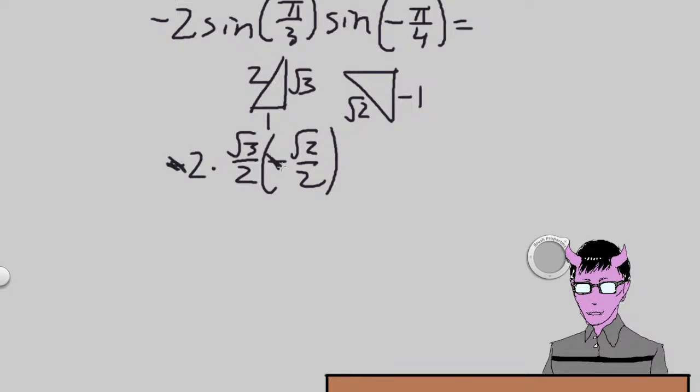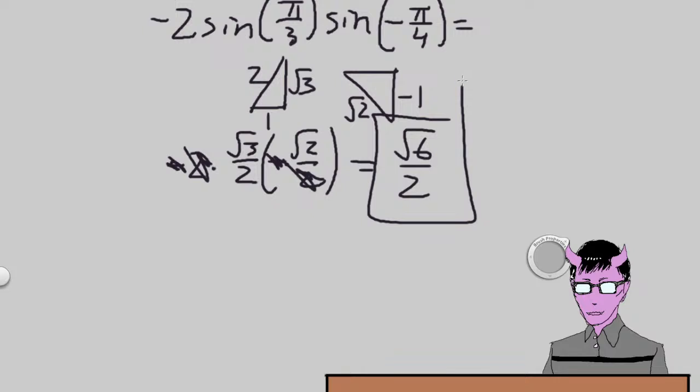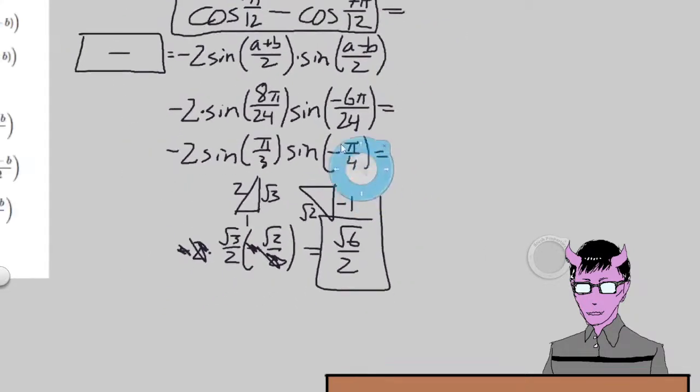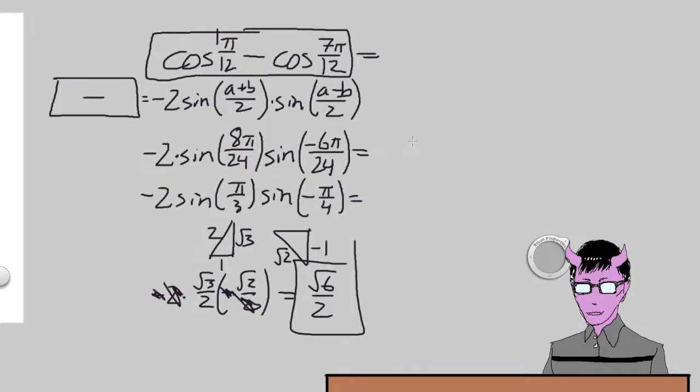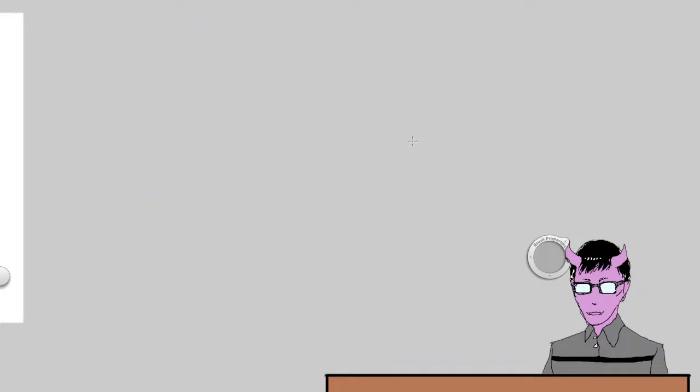Negative cancels with negative, and then the 2 cancels with the 2, so just multiply those two straight up. So √6 over 2. And that should be the answer for this problem. And we're good to go. Perfect.